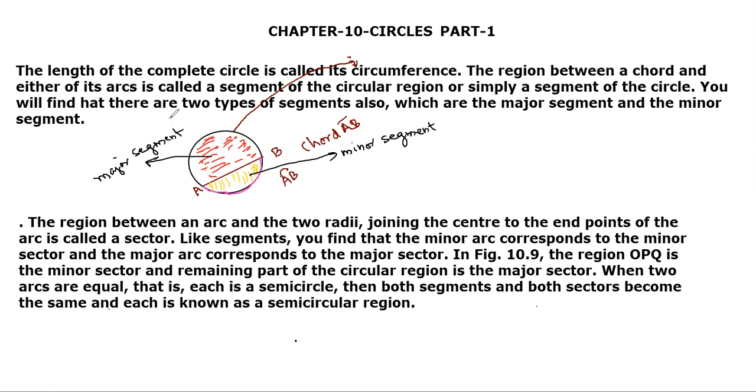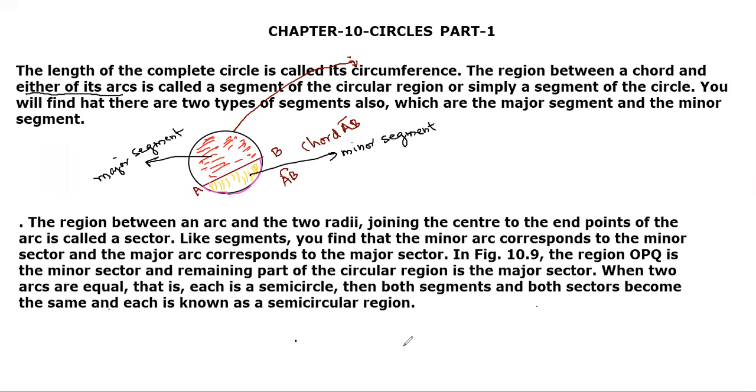So a segment is simply a circular region between a chord and an arc, either of the arcs, meaning either the major arc or the minor arc. So there are two segments, major segment and minor segment.